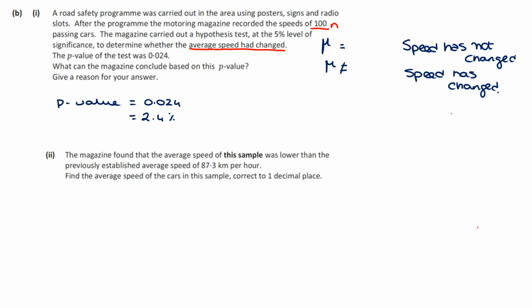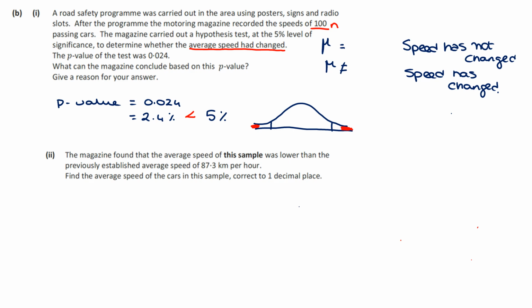What can the magazine conclude based on this p-value? Well, because that p-value is smaller than 5%, if we were to draw that out, there's my 2.5 and my 2.5, so there are my two ends. 2.4 is like these little pieces here.